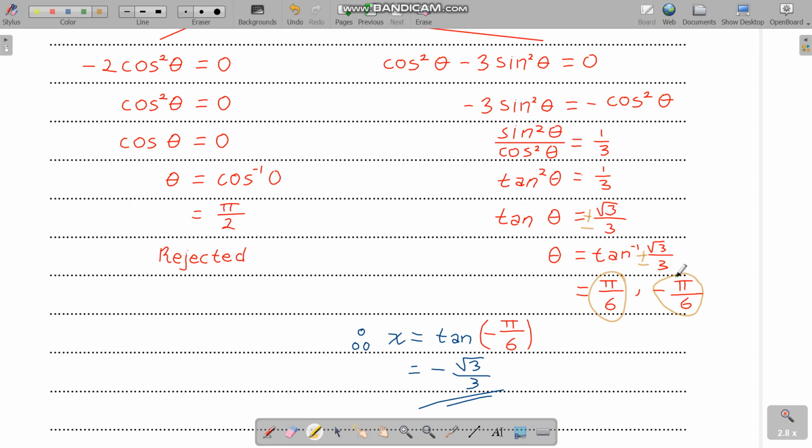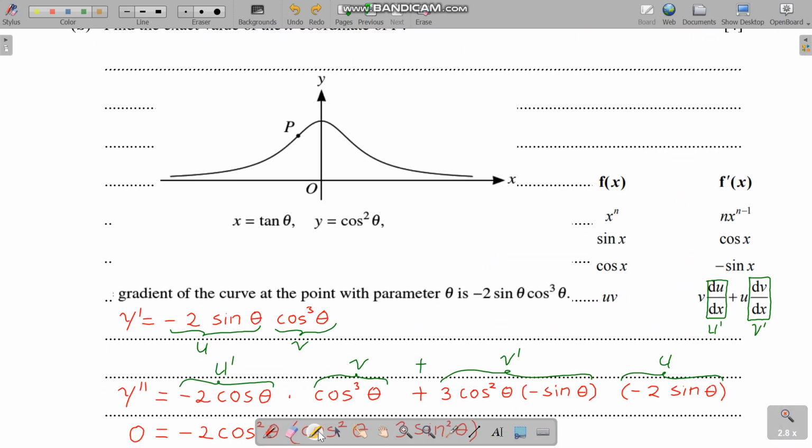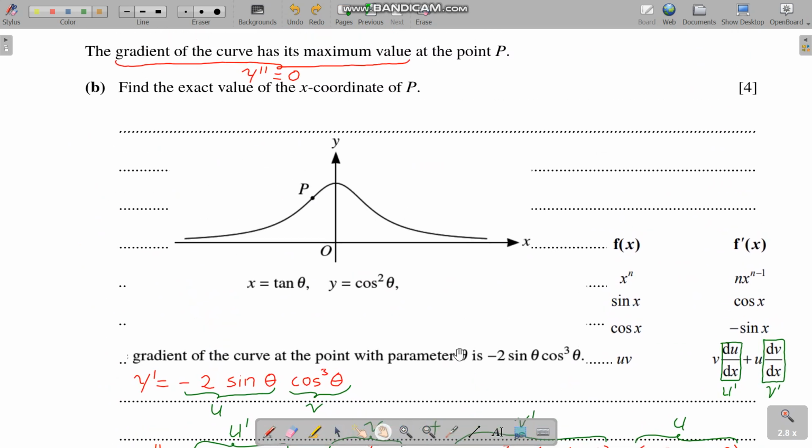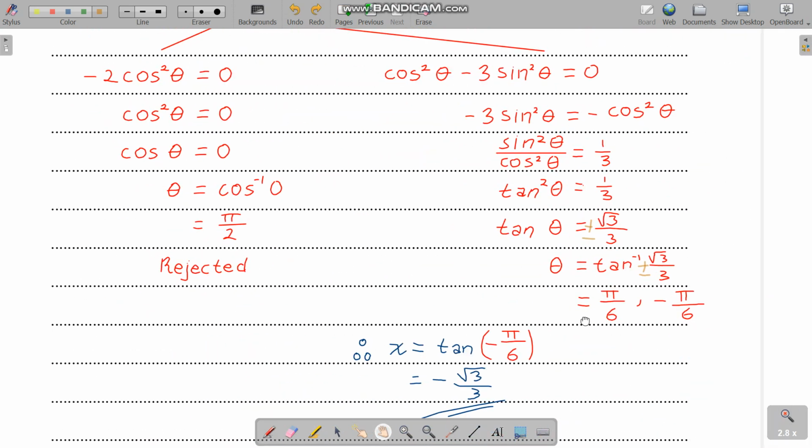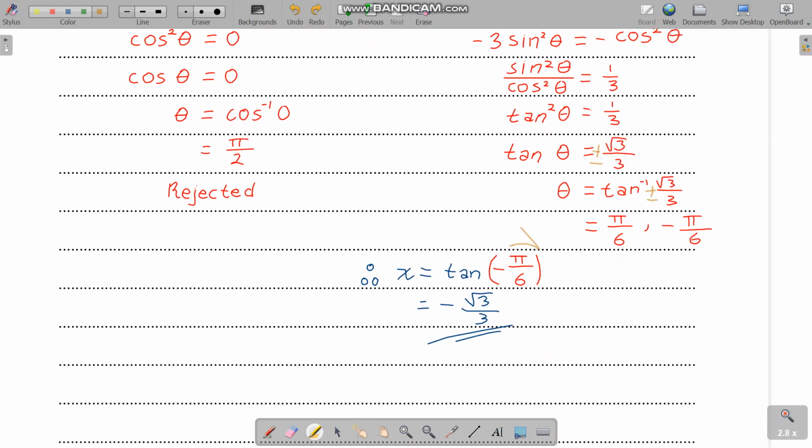So we have plus minus pi over 6, but if you look at the graph, remember we are looking for P here, and P is obviously negative, so the value we use is the negative one, so negative pi over 6.